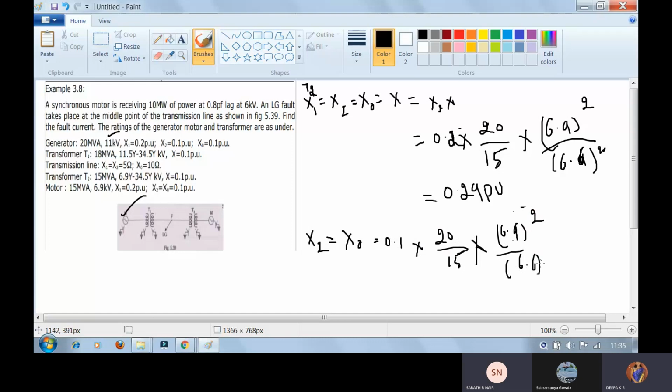How much is it? 0.145 per unit. Just see that it rounds out. 145 exactly. 145 per unit. Okay. So now we have finished.